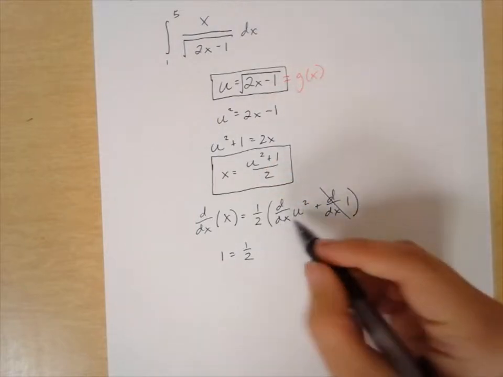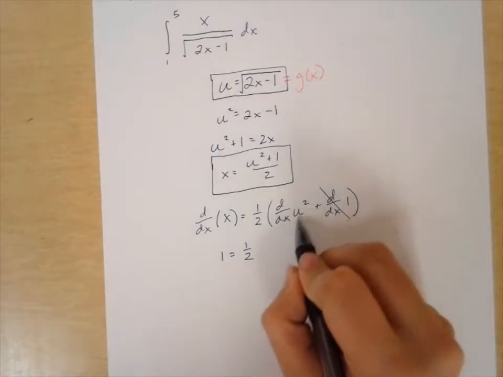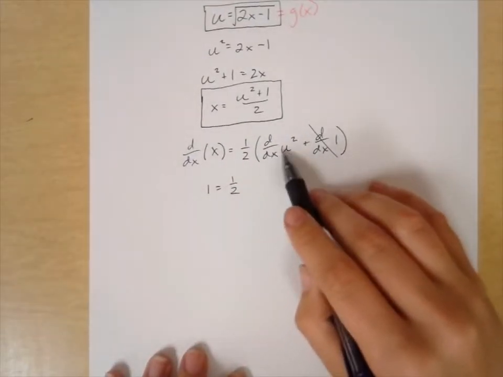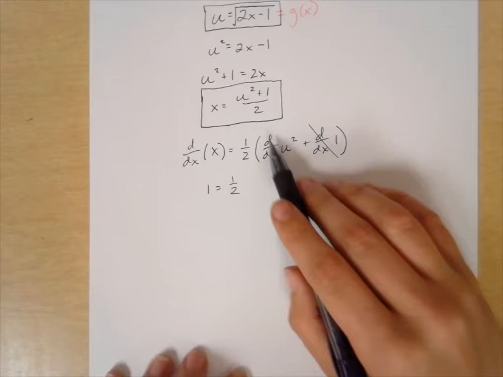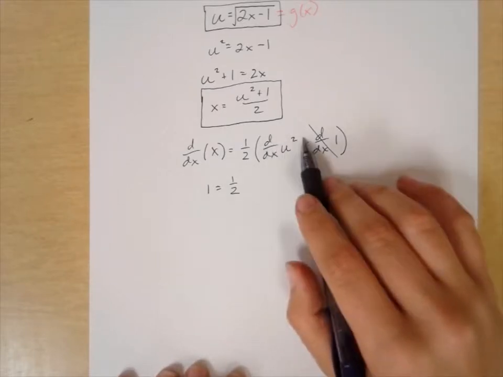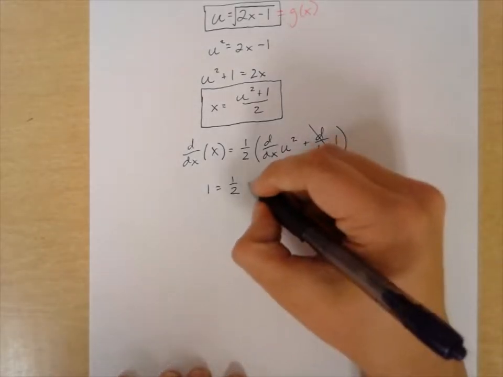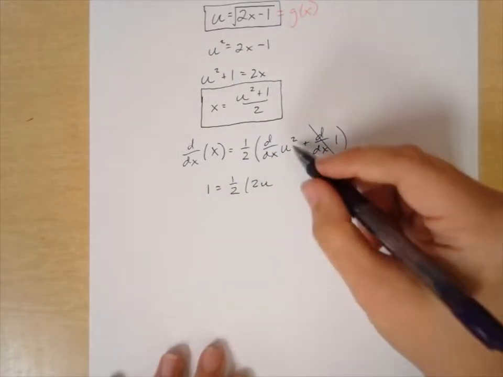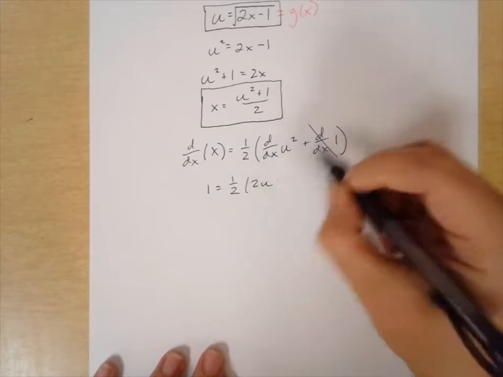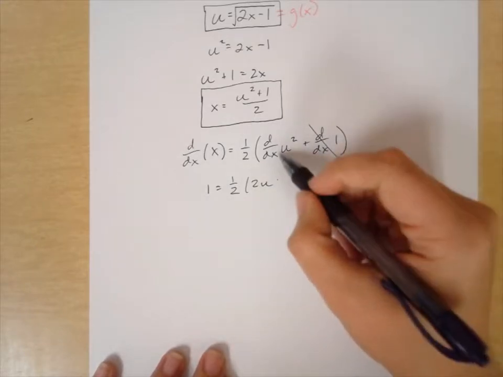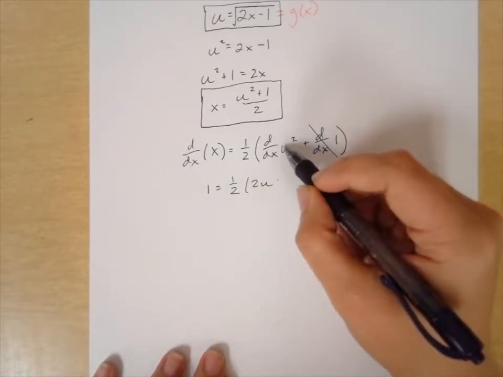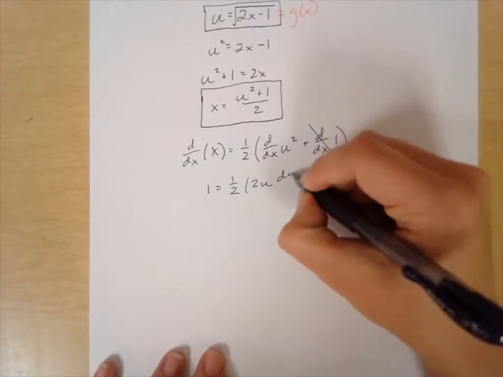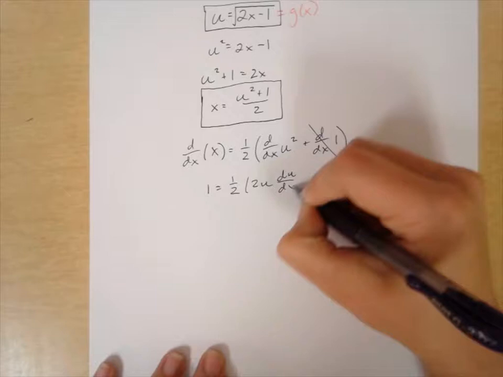That would go away. And then right here, d/dx of u squared. Remember, I have to use the chain rule because these variables don't match. It's not an x and an x, it's a u and an x. So if I take care of the outside, I would get a 2u, and then I would get times the derivative of the inside. Since the derivative of the inside is u and the variables don't match, I put the u on top, and I call that du/dx.